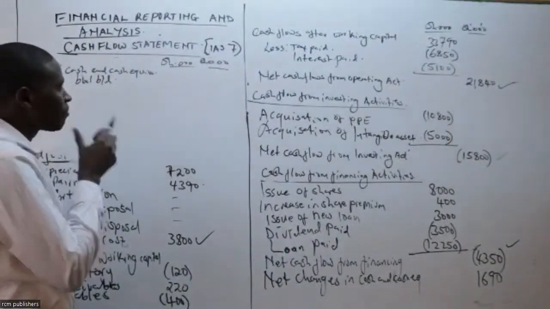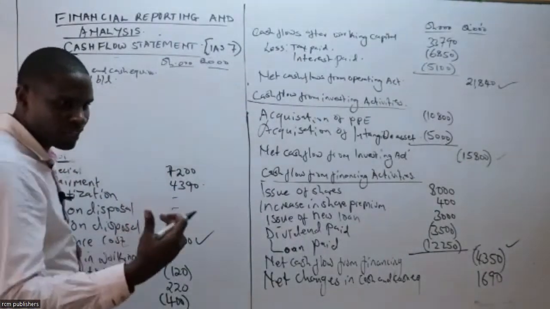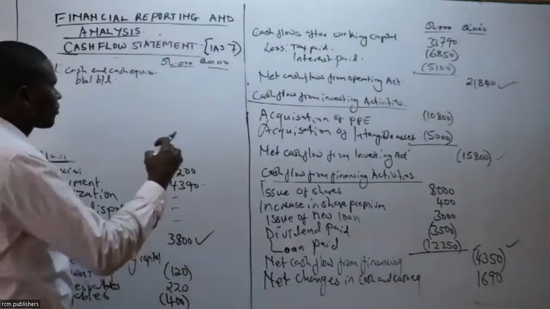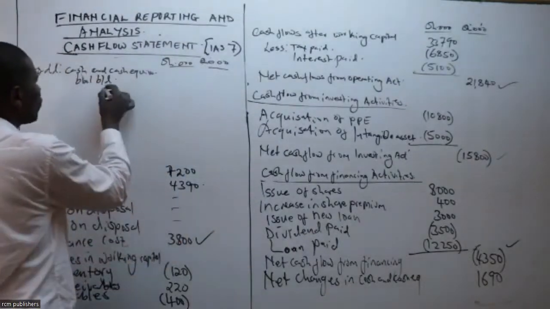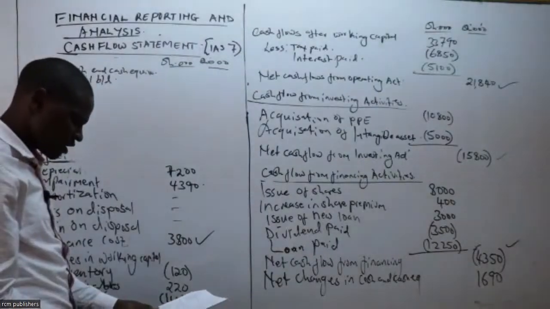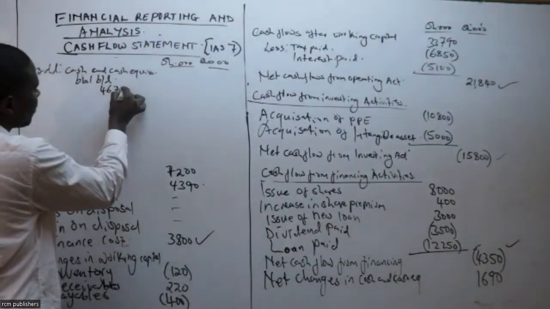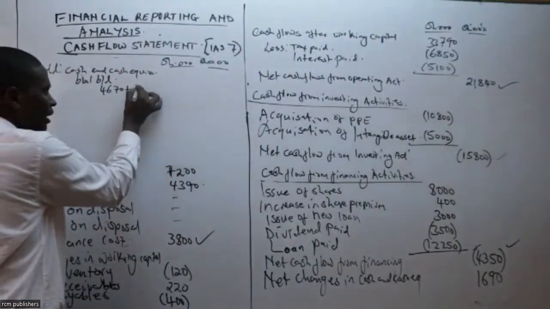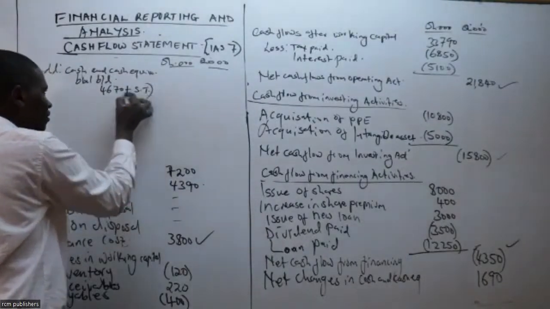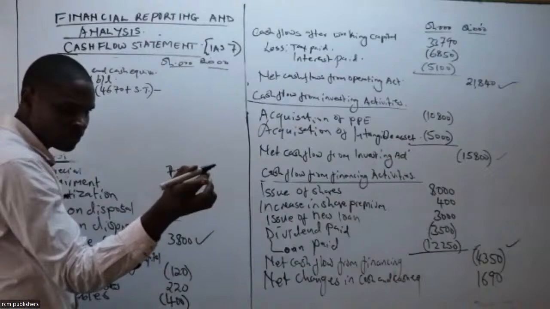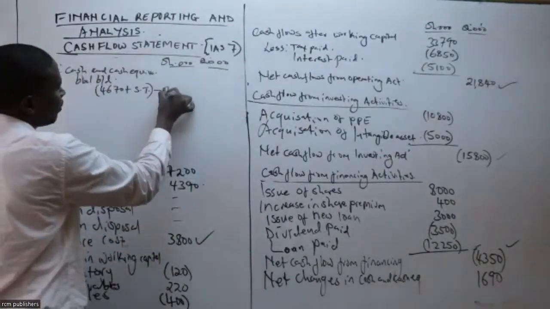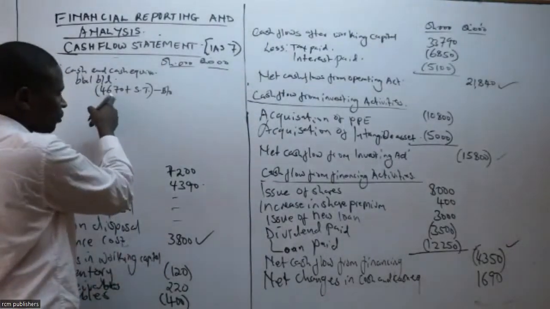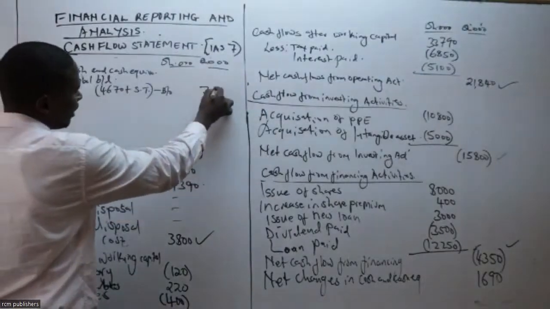But remember, wakati mwingine utakuta kwamba uko na short term investment, and you have bank overdraft. So you pick what you have. For example, here we have 4,670 plus, be very keen here, plus short-term investment if there is, whatever you get there, you less bank overdraft. Tafadhali note that. But in our case here, we have 4,670. So we don't have the other items.